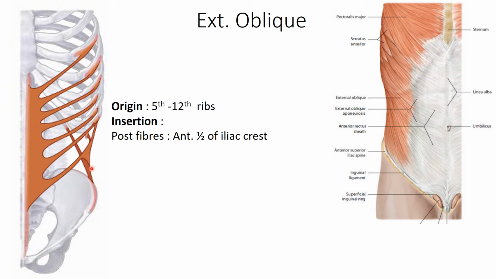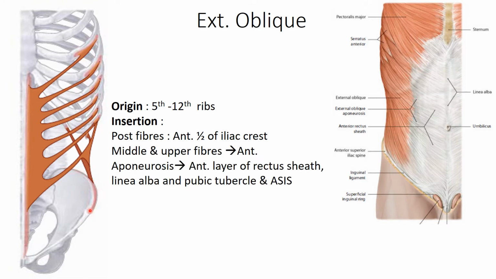These are fleshy fibers passing vertically from the lower ribs up to the anterior superior iliac spine. The middle and upper fibers combine to form the anterior aponeurosis, which is formed roughly at the level of the mid clavicular line.